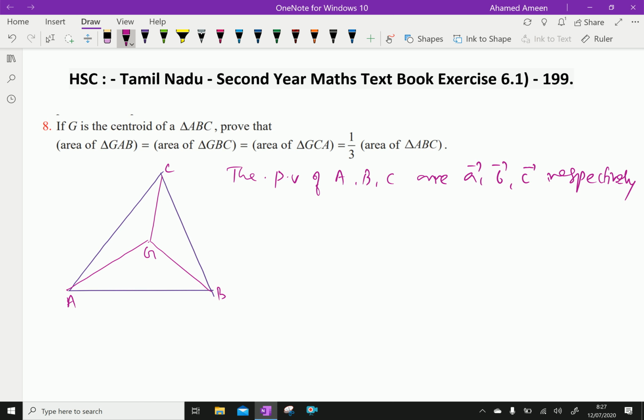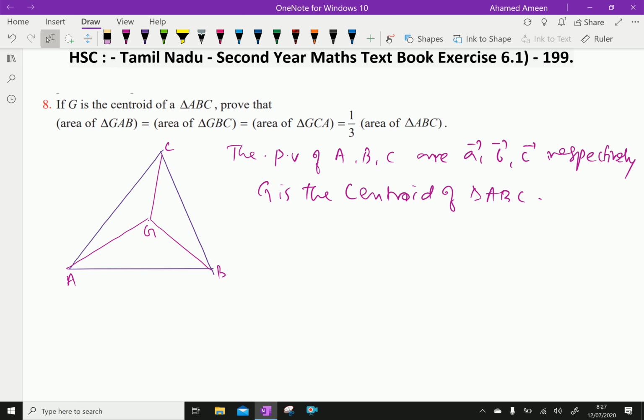Now here G is the centroid of the triangle ABC. Now we can say O is the origin. Vector OG is (vector A plus vector B plus vector C) by 3.